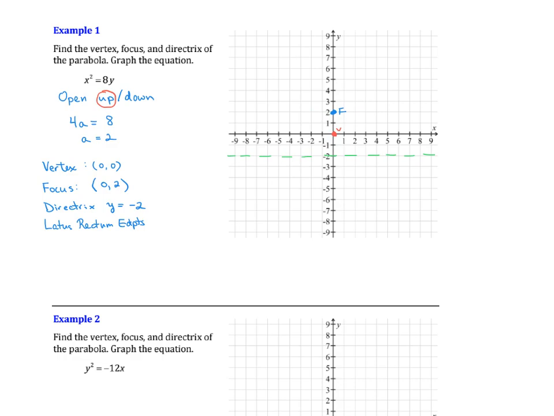So y equals 2 in x squared equals 8y gives x squared equals 8 times 2, so 16. So x equals positive or negative 4. The endpoints of the latus rectum would be (-4, 2) and (4, 2).